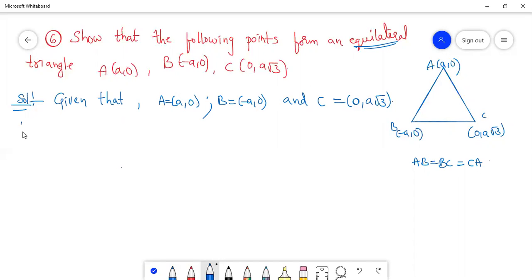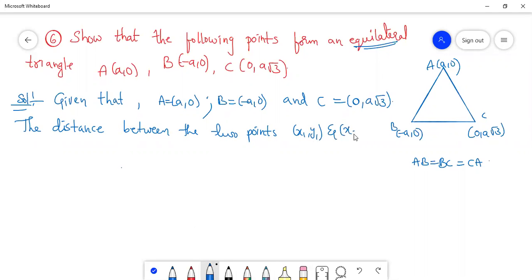Here we know that the distance between the two points (x1, y1) and (x2, y2) is under root of (x2 minus x1) whole square plus (y2 minus y1) whole square.